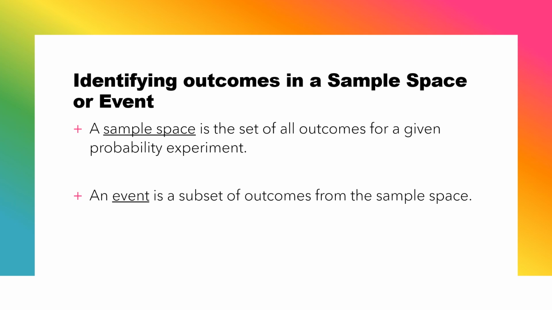An event is typically denoted by a capital letter, so we might try to name that something meaningful. Like if we are rolling a dice, we might call the event E, the event of rolling an even number.